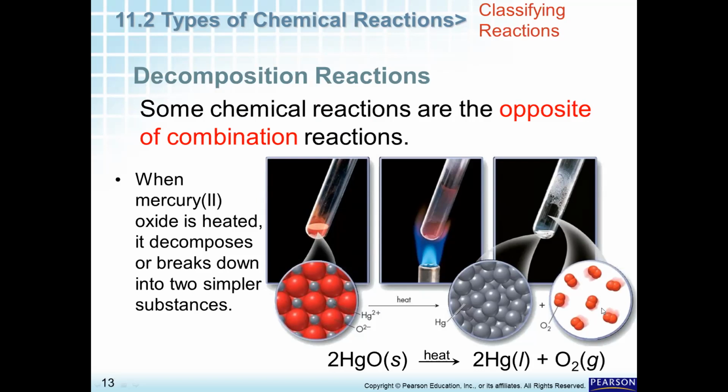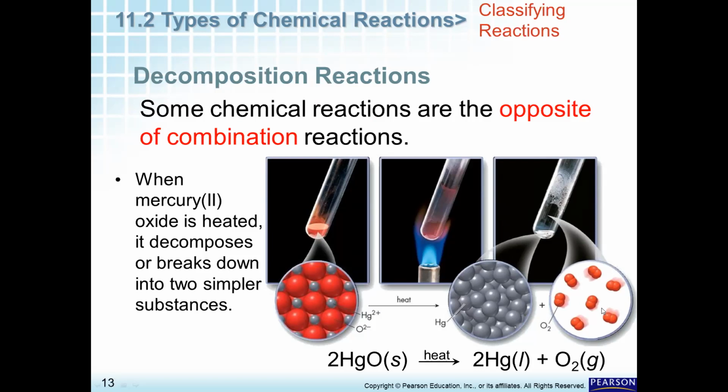That's what decomposition is about. It's a good concept, and it opens your mind to the difference between combination and decomposition. The whole idea is for you to identify the chemical reactions.